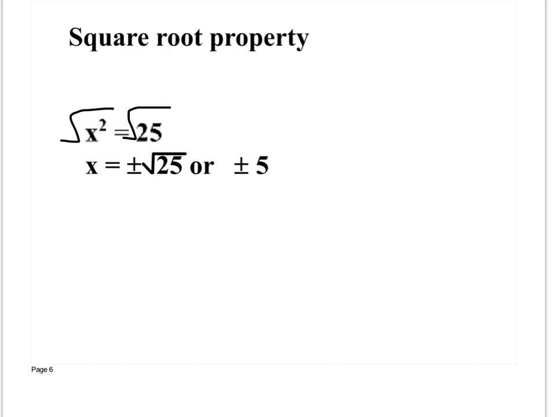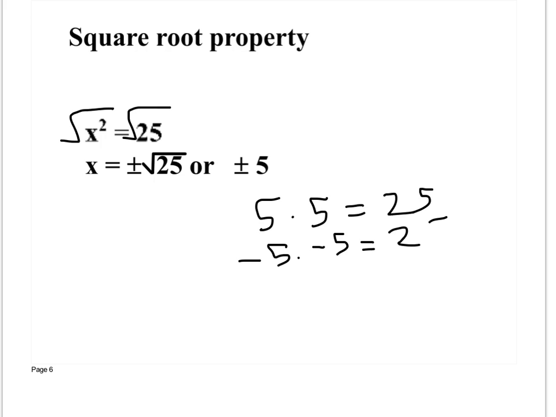Because guess what 5 times 5 is? 25. Guess what negative 5 times negative 5 is? 25. So how do I know if x is positive or negative? I don't. So that's why my answer is plus or minus 5. Easy enough?